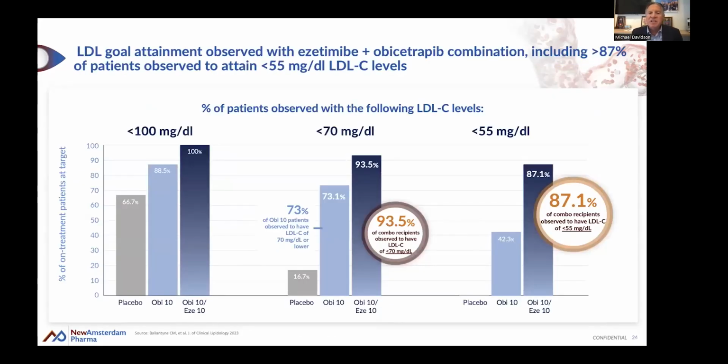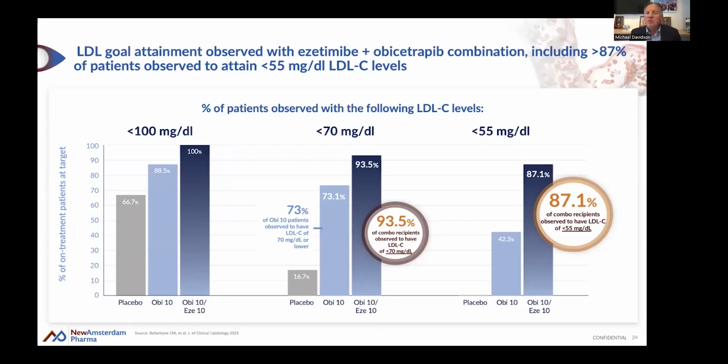And so what does that mean? So we looked at getting to goal. We looked at obicetrapib alone. You get this marked improvement in goal achievement. And then we're also developing a fixed dose combination with ezetimibe, which we're very excited about, where we can get almost everybody to below 70 and then almost 90% below 55 with one simple add-on to statins. So we think simplicity is going to be very important here.